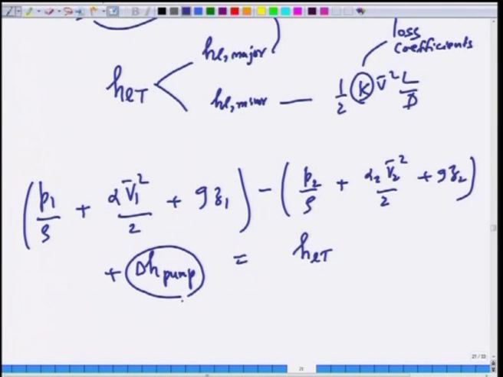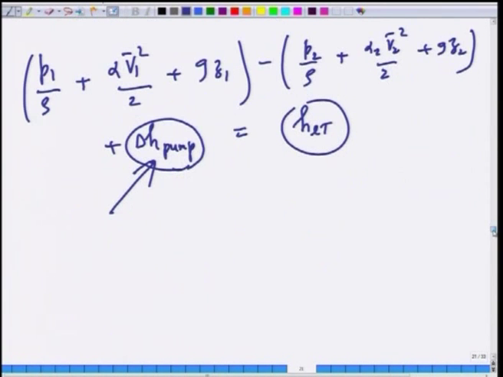This is the work, this is the rating on the pump. If there is a pump that has to be used in order to make the fluid flow from point 1 to point 2, it has to work against the gravitational force, it has to work against the kinetic energy, it has to work against the total losses and so on. Okay. So, this can be used to find the power rating on a pump by using this expression. Okay. By calculating the losses, then we can back out what is the power rating on a pump.